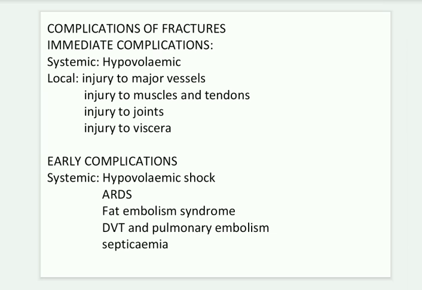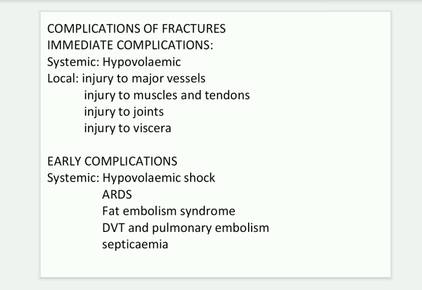Let us discuss the complications of fractures. Immediate, early, late. These three are most important. Immediate complications are systemic, hypovolemic shock, and locally it is injury to major vessels, muscles, tendons, joints and viscera.